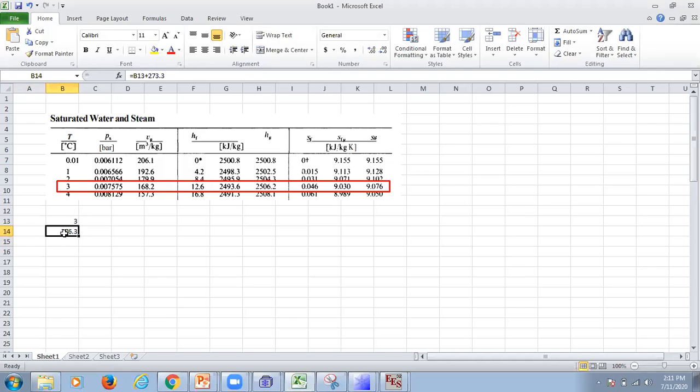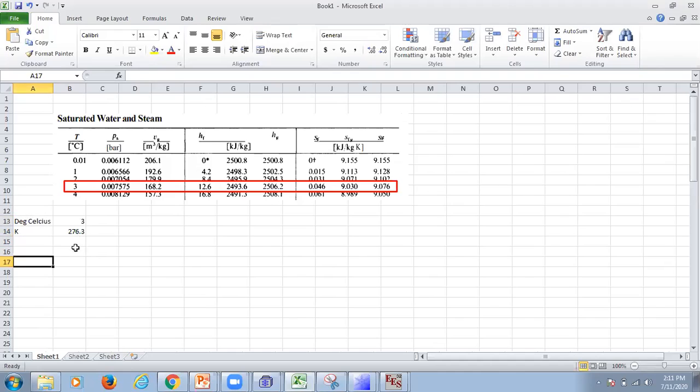This is Kelvin, and this is degree Celsius. 3 degrees Celsius in Kelvin is this much.